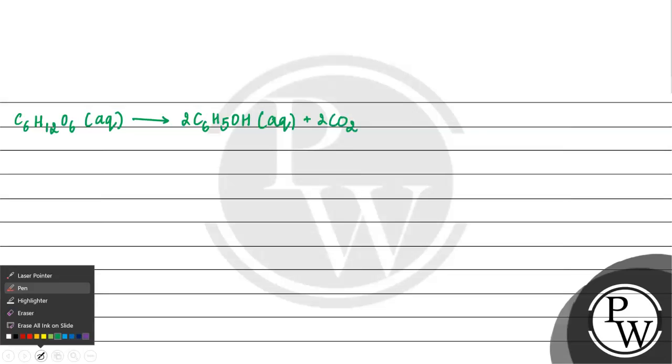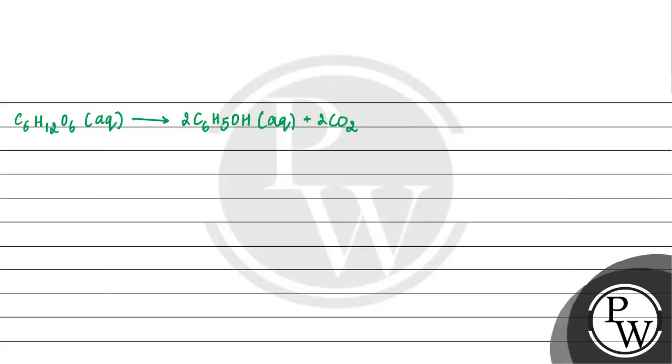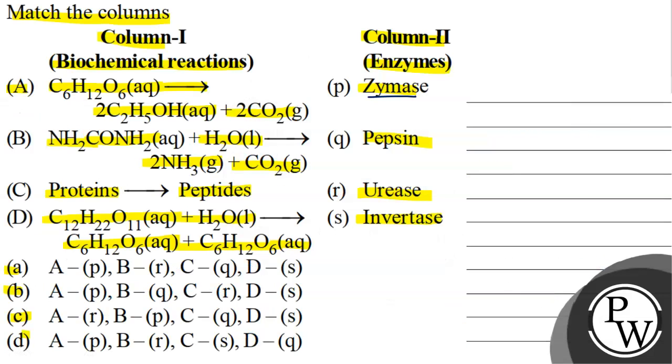So this is the chemical reaction which is involved with the enzyme zymase. अगर हम इसके columns को match करें तो हमारा P will match with option number A.